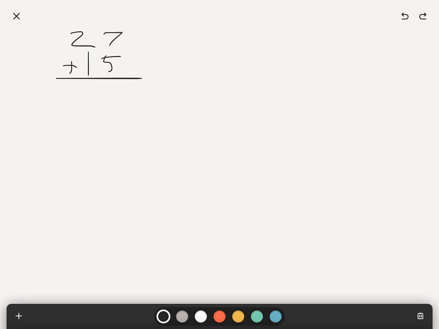So I'm going to carry that up to here, and then add those together in my tens column. All right, cool. And then, of course, if you're doing subtraction, you would say you've got 21 minus 17.